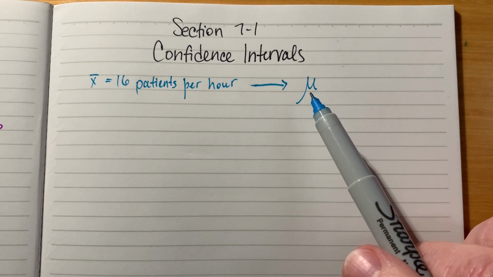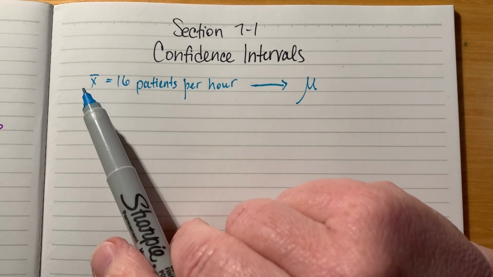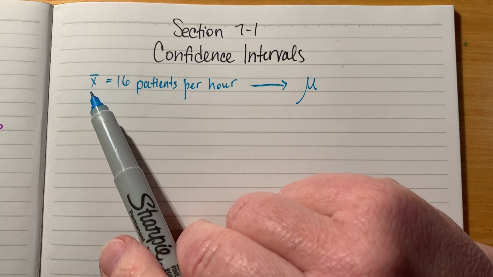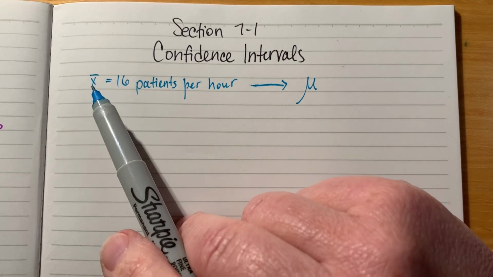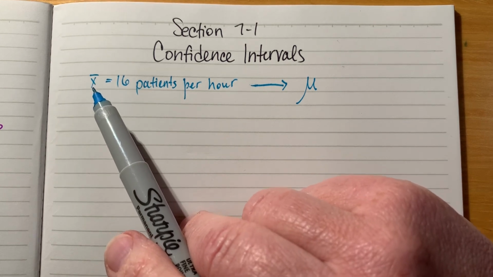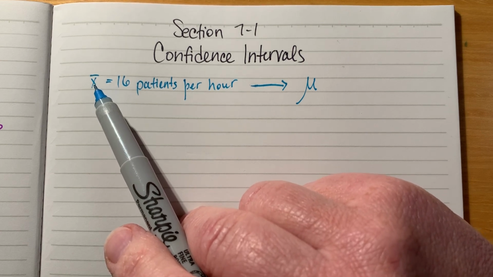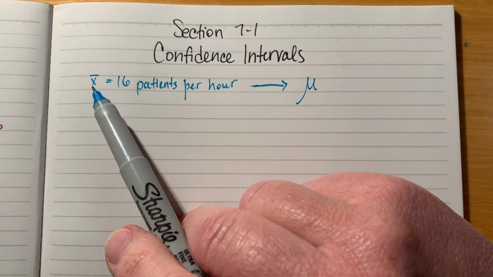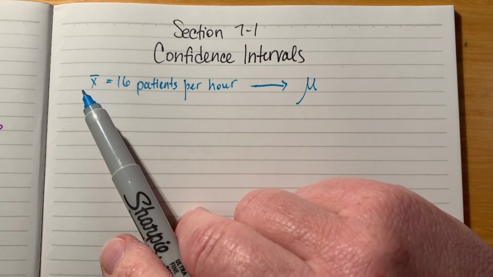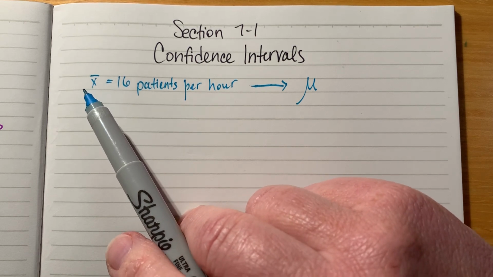And how do we know it's a good estimator? Well, if I were to look at the distribution of X bar, and we talked about that in previous videos, the bigger the sample that I take, the more it's going to be normal, especially if it comes from a normal distribution.